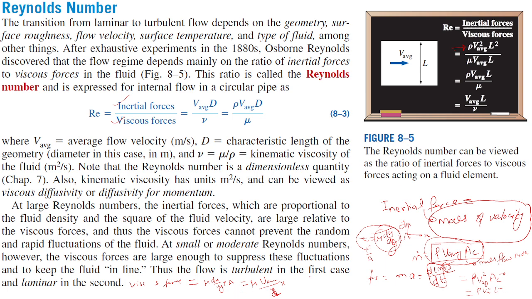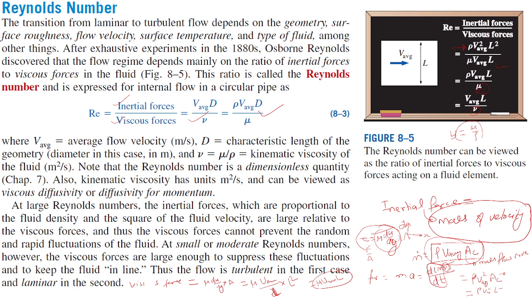So here y is also a length parameter, and here is L squared. This cancels out one L. So mu u average L. And if you divide by the inertial term, the velocity cancels, one L cancels, and we get rho V L by mu, or mu by rho you can write in the form of nu. Kinematic viscosity you already know about. Kinematic viscosity is dynamic viscosity divided by rho. So this rho will come in the lower part, and here it is written like that.